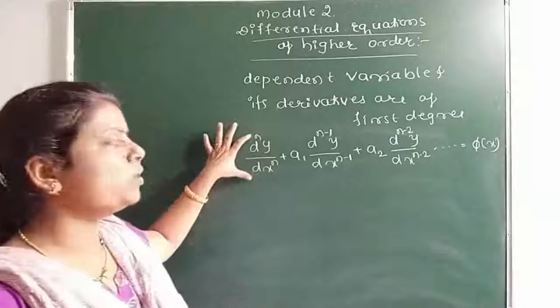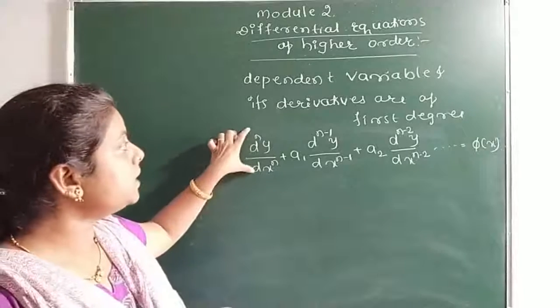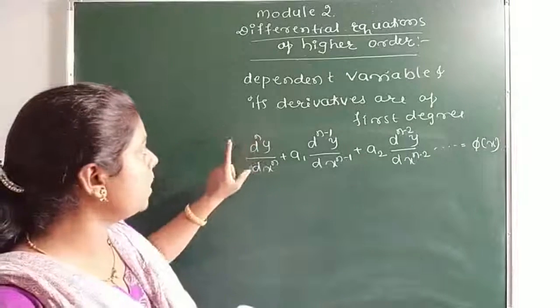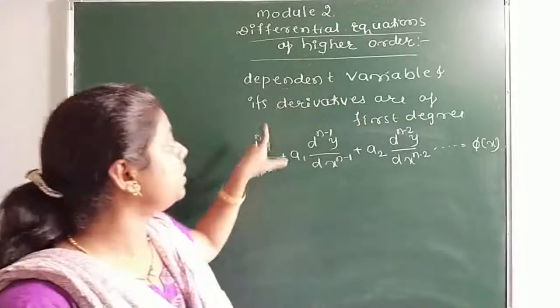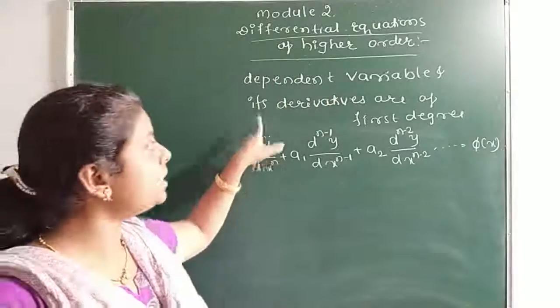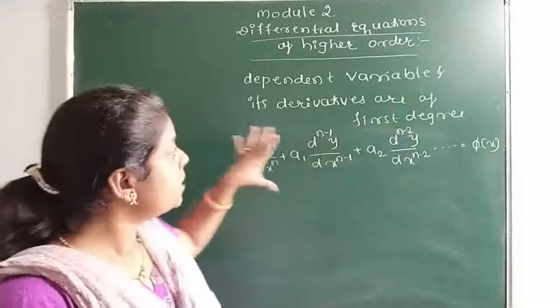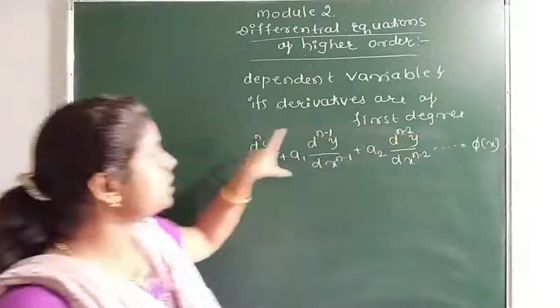The highest order is n, having degree 1, and the dependent variable is y, having the derivatives. This we call a differential equation.